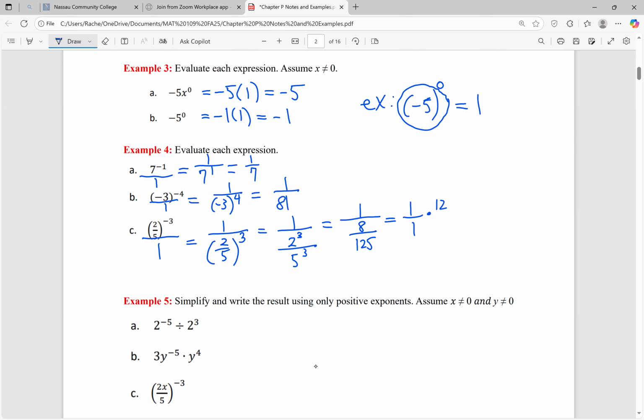That's going to be 125 over 8. Multiply the numerators, I'm going to get 125. Multiply the denominators, 1 times 8 is going to be 8. So my answer is going to be 125 over 8. We can't simplify that any further, so just leave it as is.